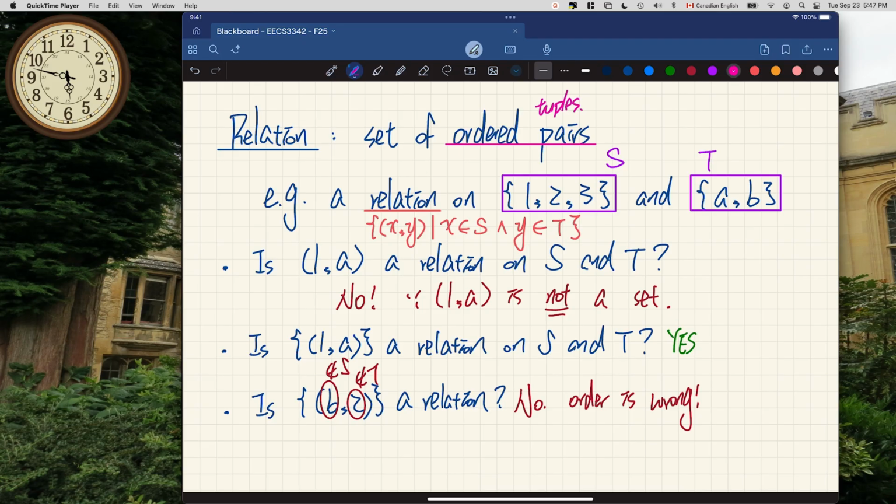I might say a relation on S and S. So this is also acceptable. That simply means I got 1, 2, 3 as the first element, and also 1, 2, 3 can be the set for the second element. It's definitely fine as well.